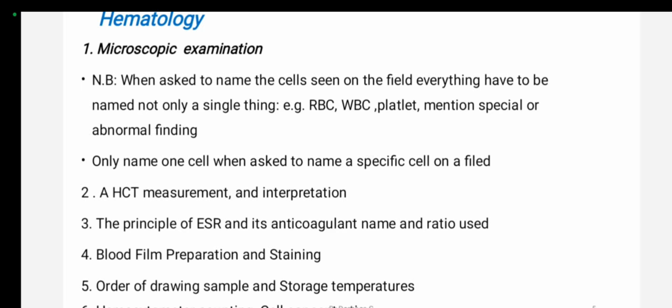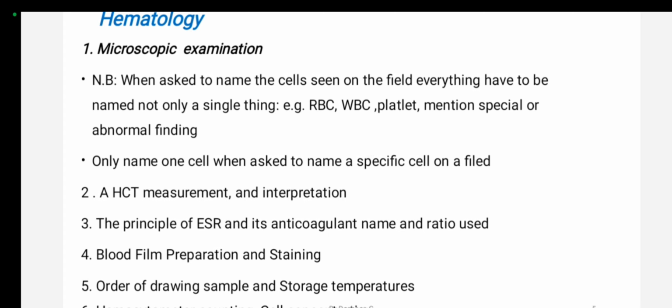Another thing is we may be asked to state the order of drawing samples. This is also very common, and also the storage of samples. So it's interdisciplinary actually. It's not only for hematology. This is usually asked in the reception, but sometimes we may find it in the hematology section, because of the order of draw.